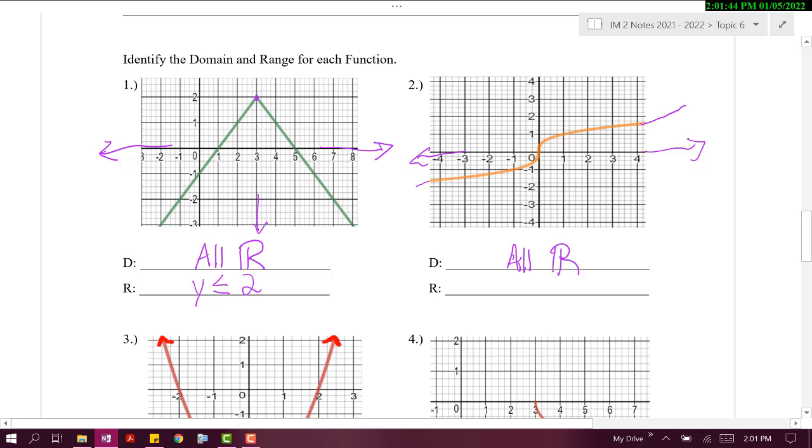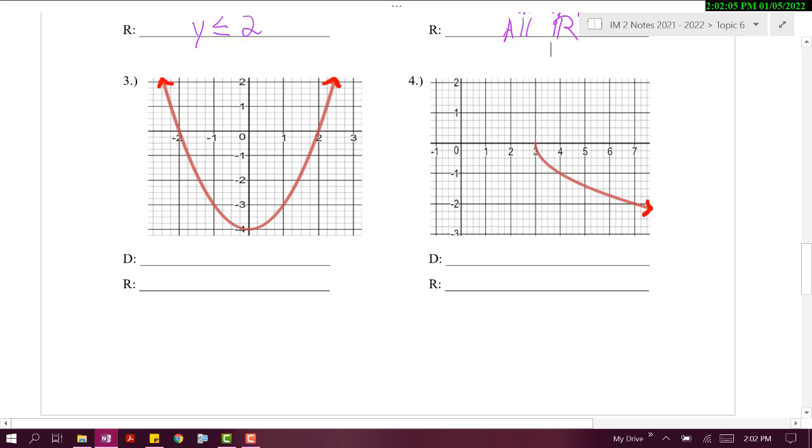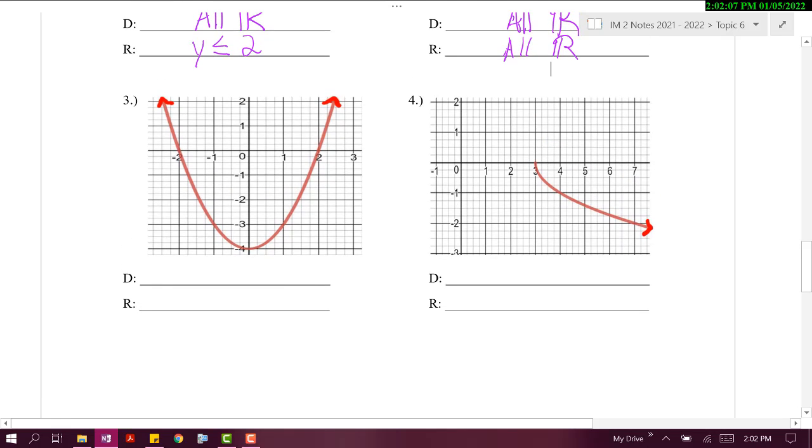And this keeps going down the whole time. So it keeps going up and it keeps going all the way down. So again, that's everything. That would be all real numbers. Which is weird. We usually don't have all real numbers for our range. Something we're familiar with.